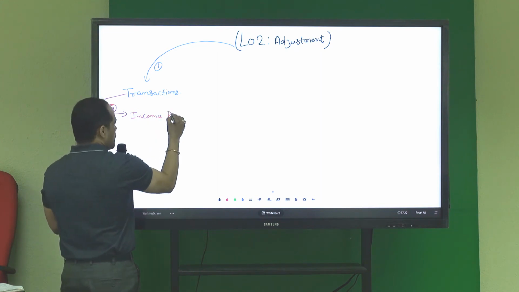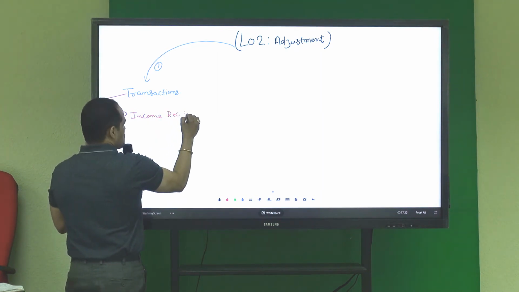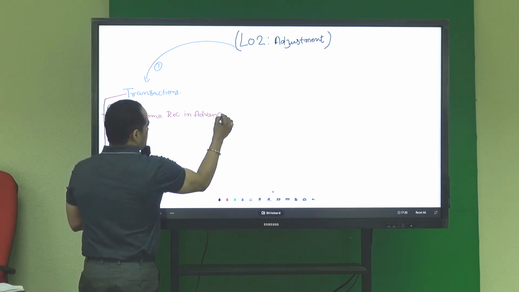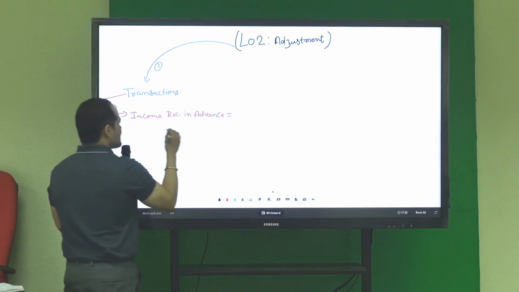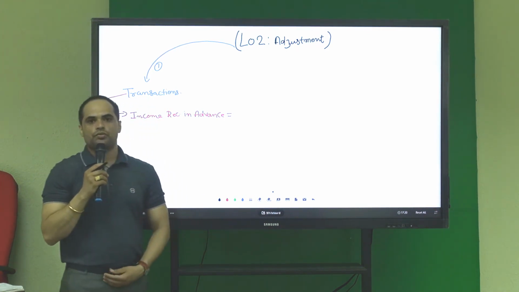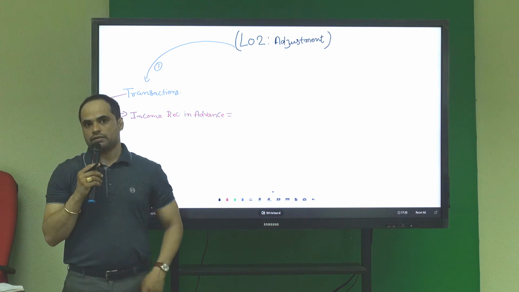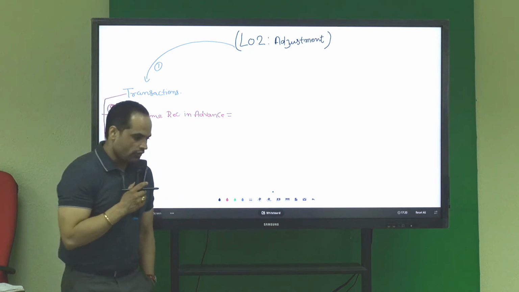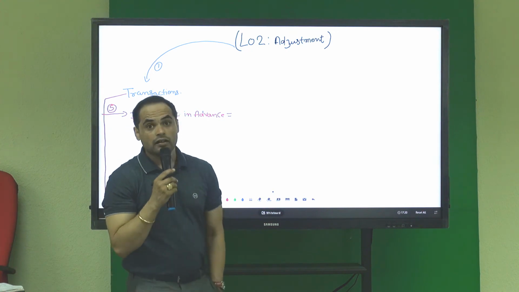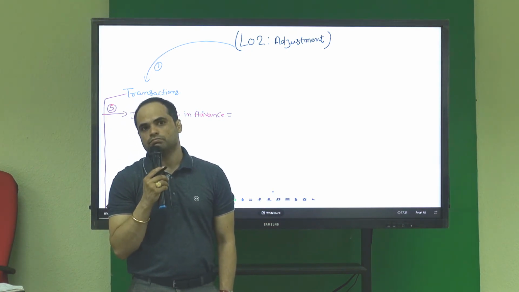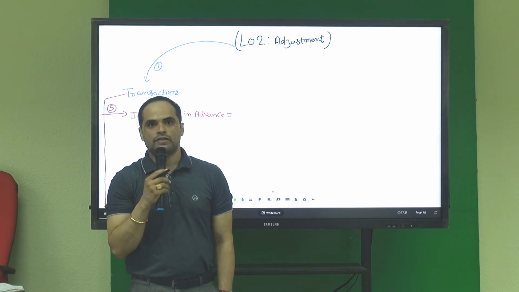As you can see from the name, it's any kind of income that you received in advance, or you can say any kind of unearned income, because you haven't earned it, you just received it in advance.